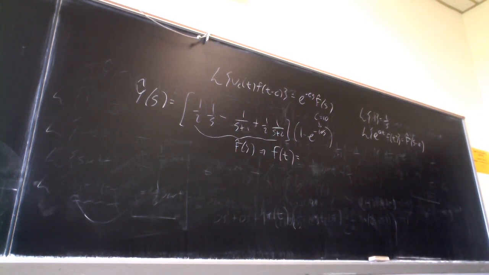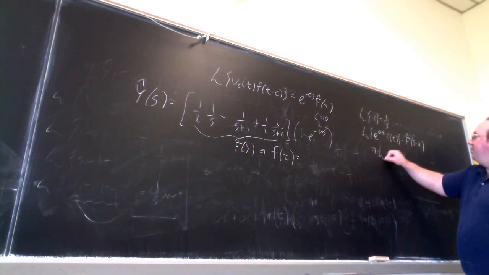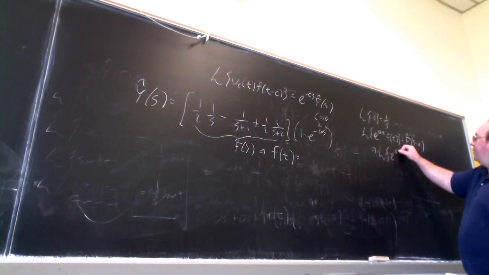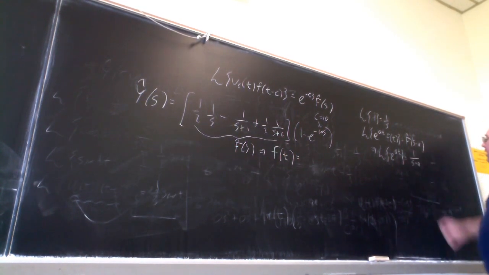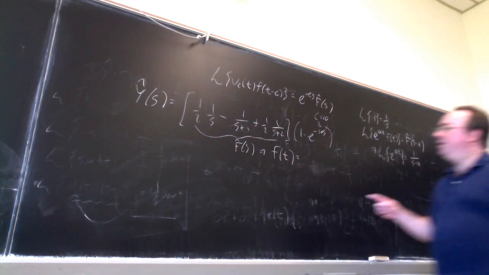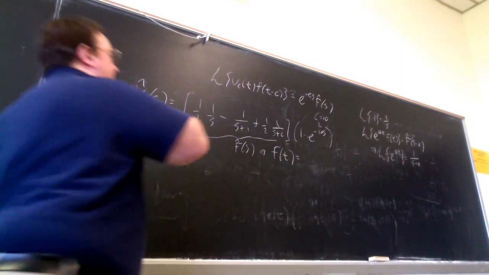So that's the general rule. So if we combine these two, the Laplace transform of an exponential is just 1 over s minus a. So that's the pattern you're looking for when you want to inverse transform this.